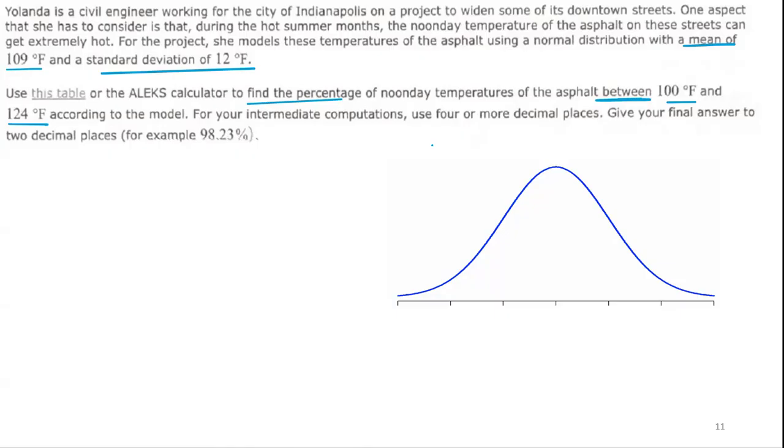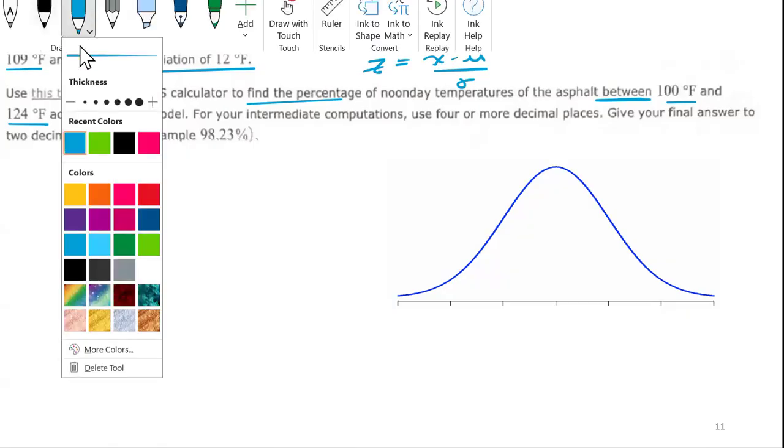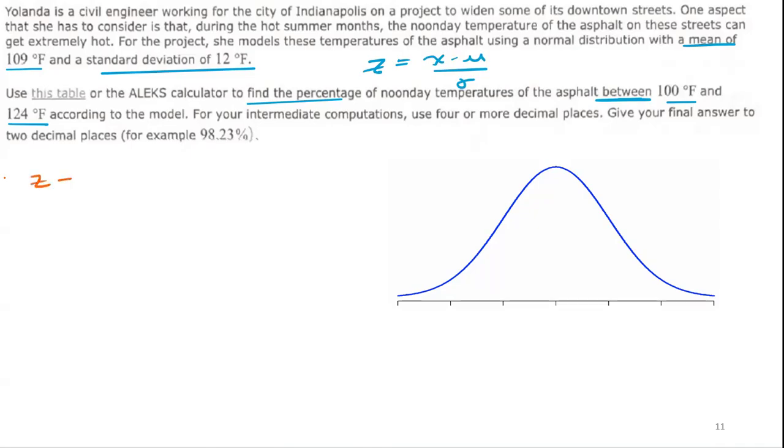We need to calculate our z-scores first. Again, we're going to use a formula: Z is equal to x minus mu over sigma. For the first one, Z is equal to 100 degrees minus mu, which is the average, 109, divided by the standard deviation, which is 12.